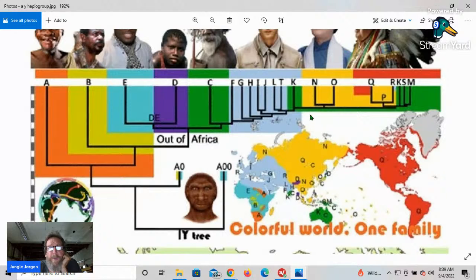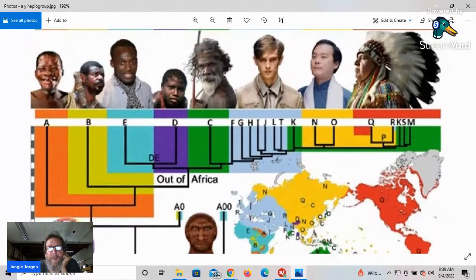They don't have nearly as much as the Eurasian population has. The Eurasian population has more Neanderthal DNA than both the Semitic population and the Hamitic population.